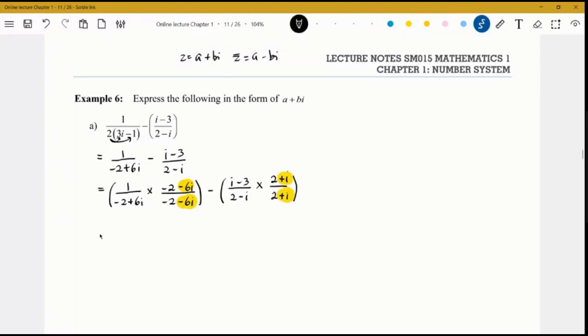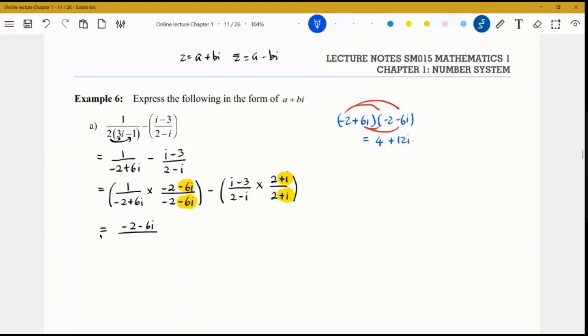Okay, so now we have to expand. So pada bahagian atas ni senang. So end up negative 2 minus 6i. So pada bahagian bawah, negative 2 plus 6i times negative 2 minus 6i. So kembang satu persatu. So end up will be positive 4. So here will be positive 12i.